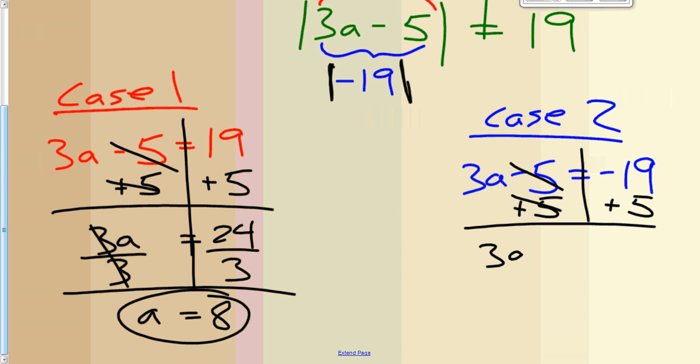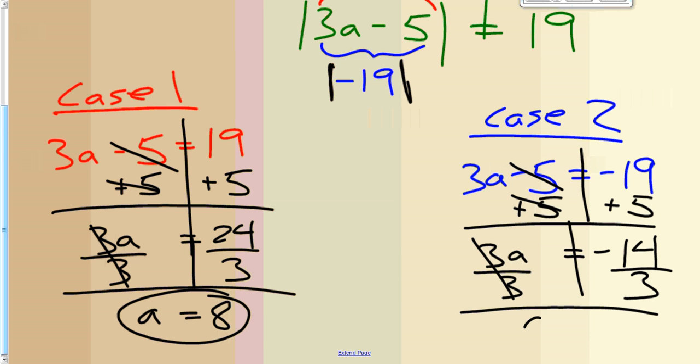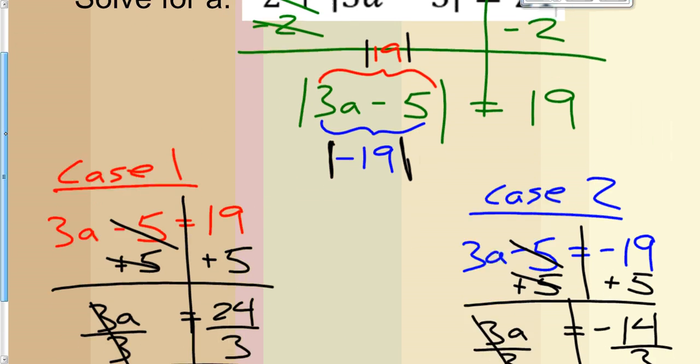Negative 19 plus 5 is negative 14, so this doesn't work out as well as it did on the other side. So we'll divide by 3. You could leave your answer as negative 14 thirds if you want to, or you could turn that into a mixed number as well. Now you can go back and check those out, and they should work, but that is how we solve absolute value equations.